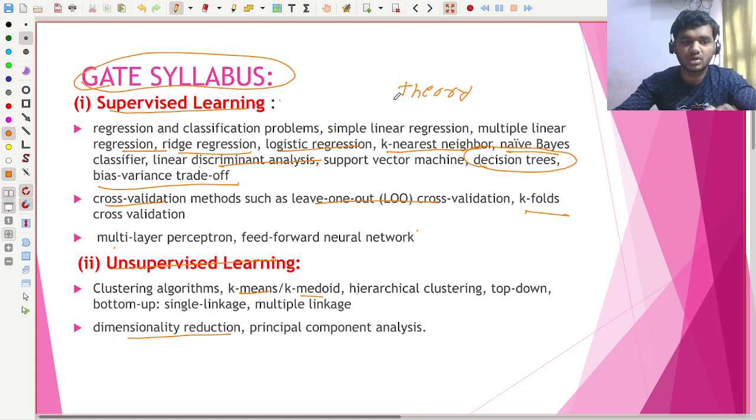This includes concepts such as supervised learning, unsupervised learning, and reinforcement learning, as well as the algorithm and mathematics behind them. In machine learning, mathematics is very important. So first we discuss the mathematics behind them, then we discuss the algorithm. After that, we'll do practical implementation.